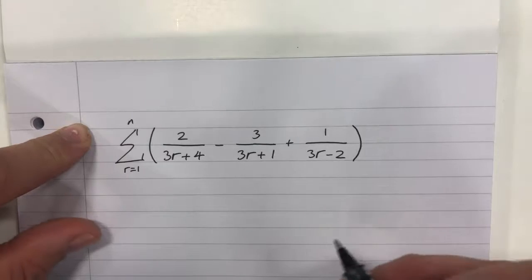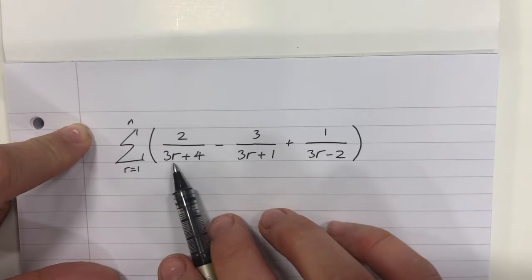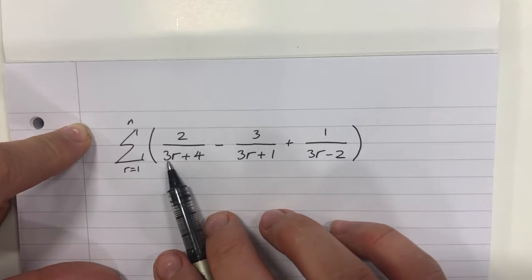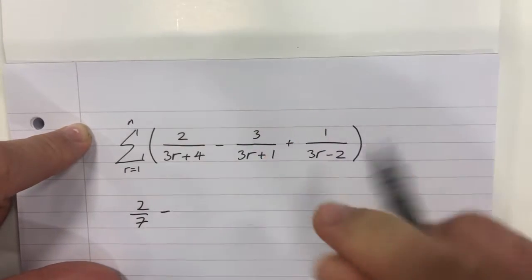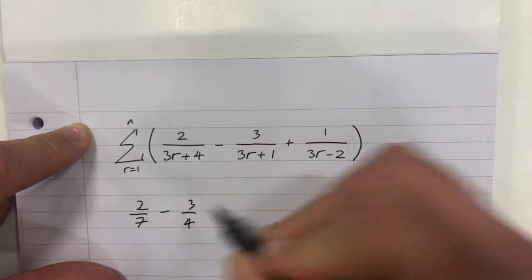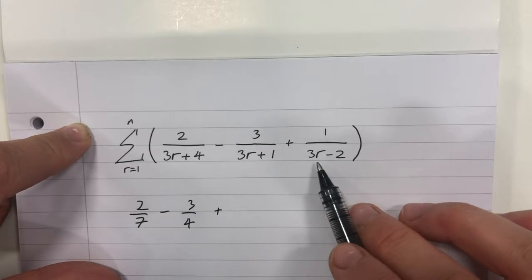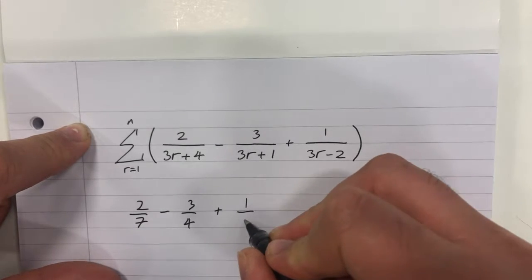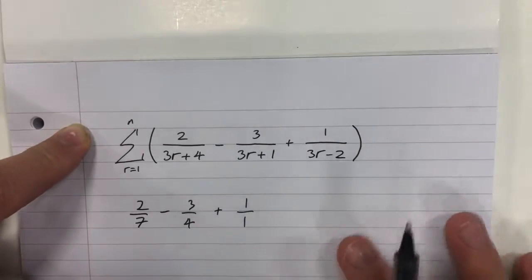Okay, so crack on. Plug in r is 1. That's my base. So when r is 1, I'll get 2/7 minus 3/4 plus 1/1. I get the feeling this is going the wrong way around.